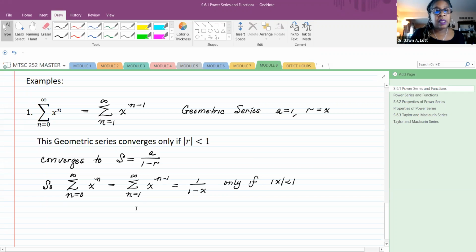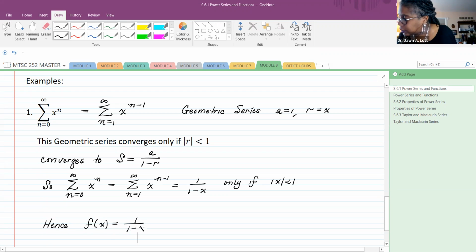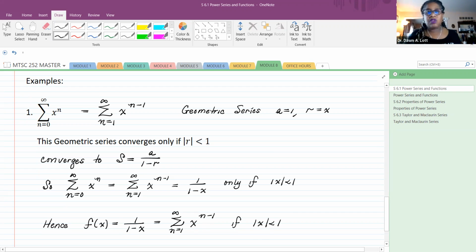We can say f of x, which is 1 over 1 minus x, is actually equal to the sum n equals 1 to infinity of x to the n minus 1 if the absolute value of x is less than 1. So that power series not only converges, it has a sum. We can represent it as a function.